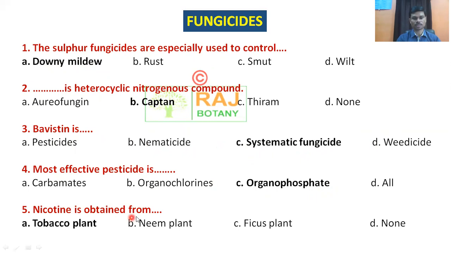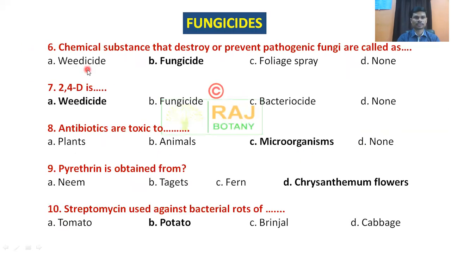Then nicotine is obtained from, a very common MCQ. Nicotine is obtained from the tobacco plant. No need to explain. Next one, chemical substance that destroys or prevents pathogenic fungi. The substances which destroy the pathogenic fungi are called fungicides. The name itself indicates: fungi means fungus, cide means to kill, or a preventing agent.